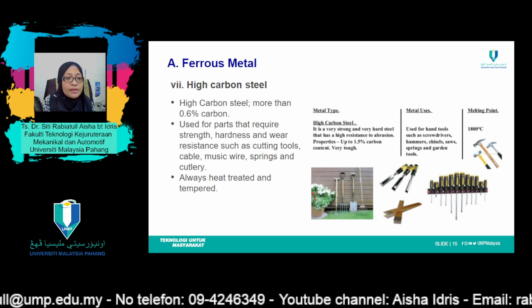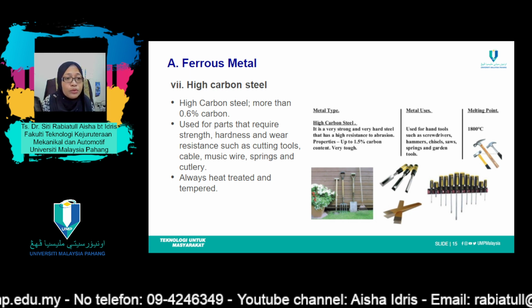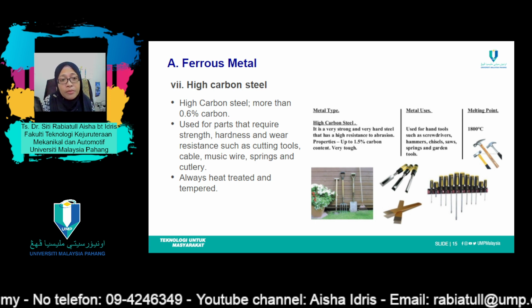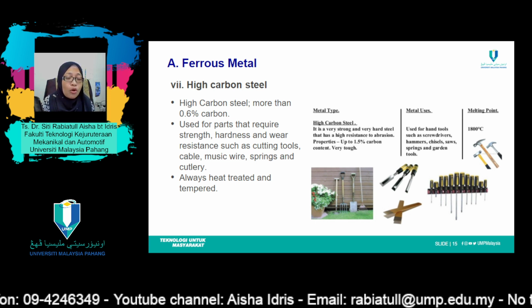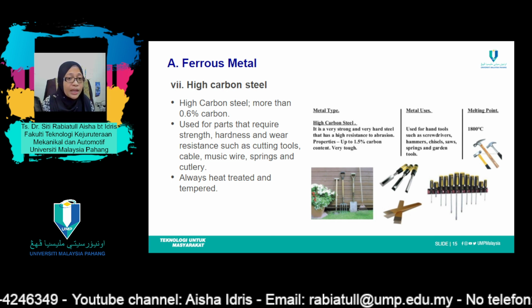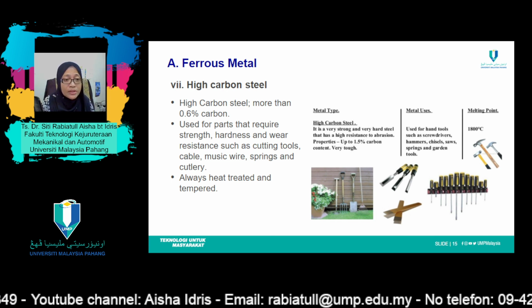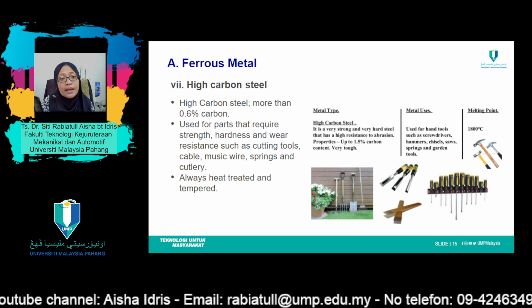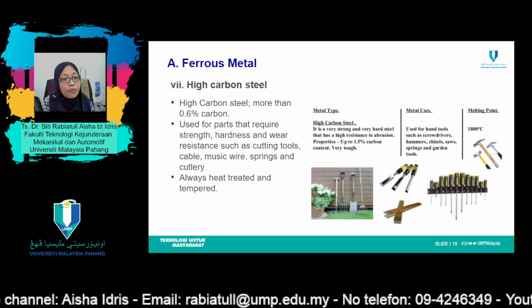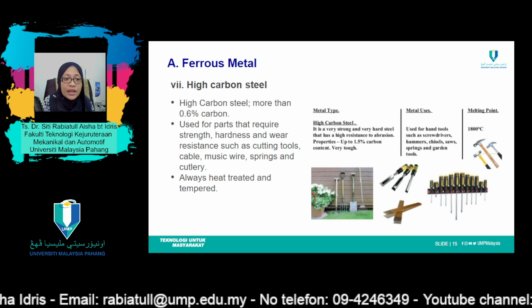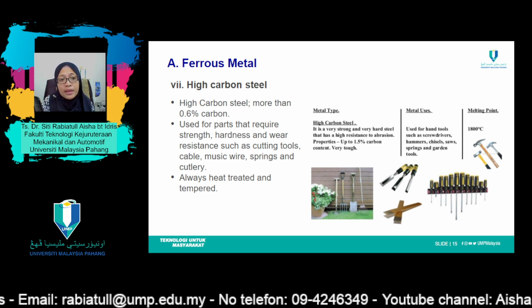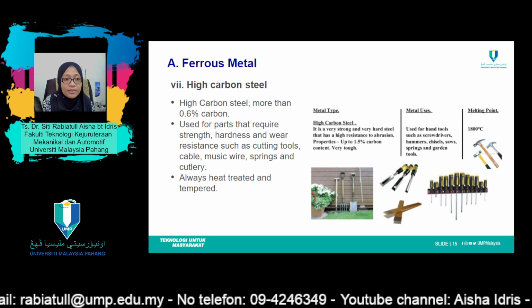The tool and die steels are high carbon alloys, usually containing chromium, vanadium, tungsten, and molybdenum. These alloying elements combine with carbon to form very hard and wear-resistant carbide compounds. These steels are utilized as cutting tools and dies for forming and shaping materials, as well as knives, razors, hacksaw blades, springs, and high-strength wires.